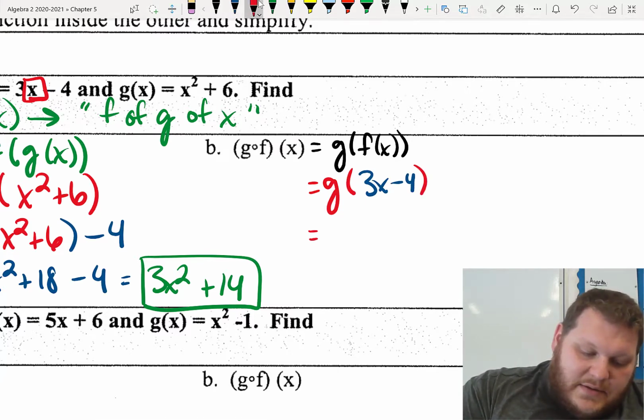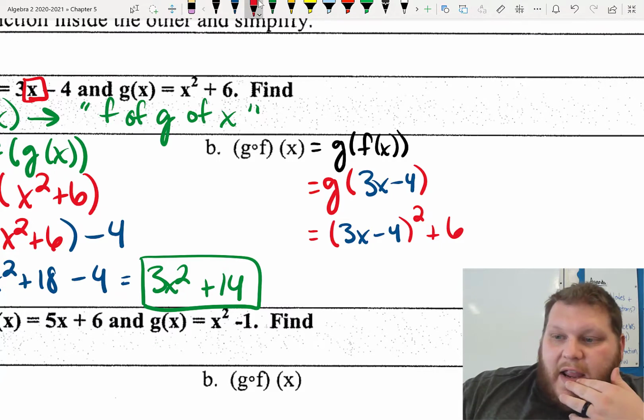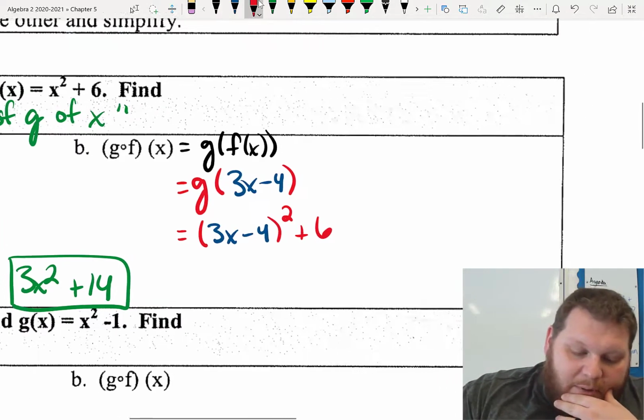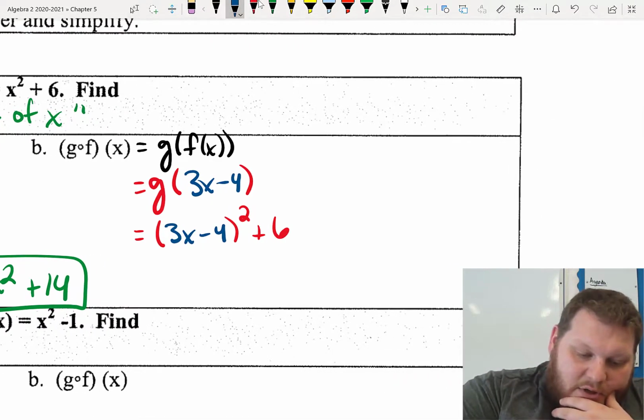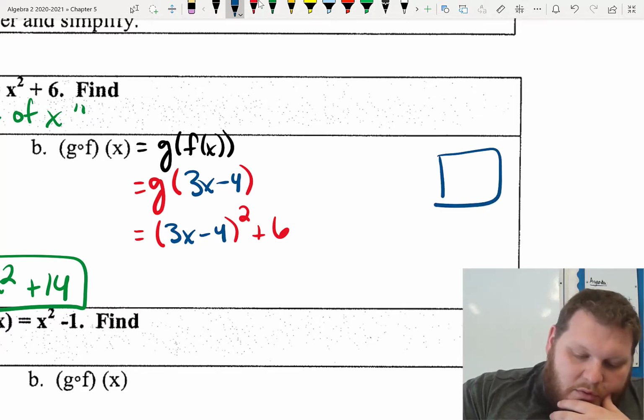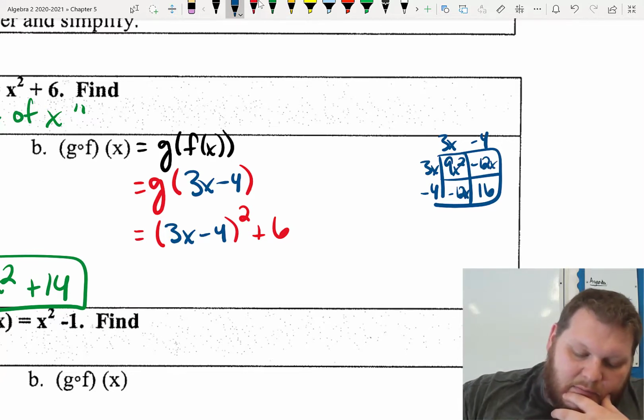G of x is, what I'm asked to do for g is square my input and then add 6. So I'm going to have to do some foiling. I'll do that off to the side with some scratch work. You can even do your little box multiplication with 3x minus 4 times 3x minus 4. We get 9x squared, positive 16, negative 12x, negative 12x.